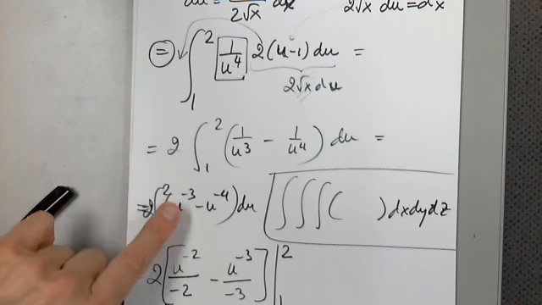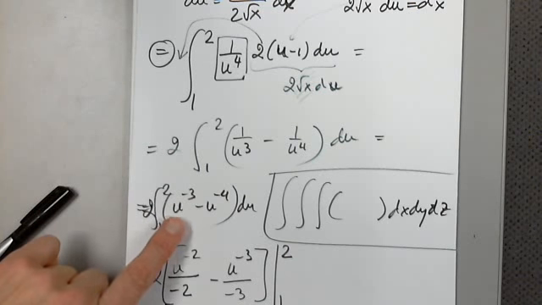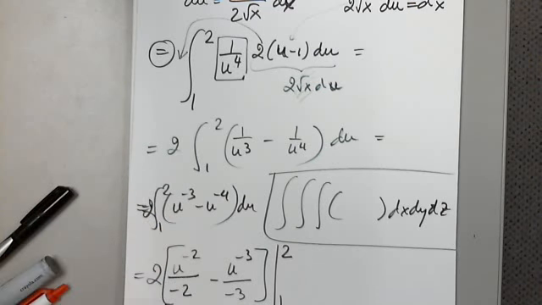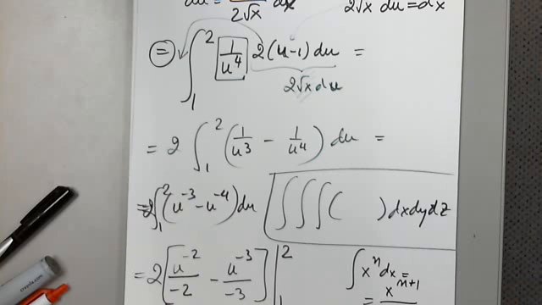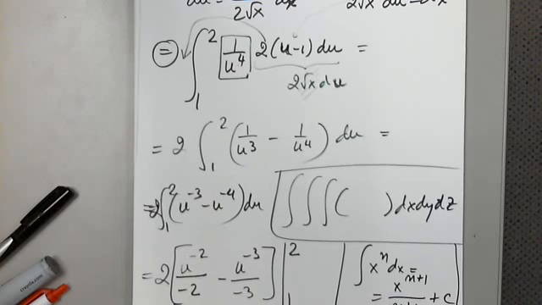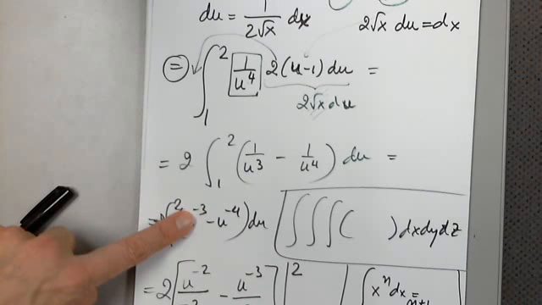So do I have to refresh your memory on the rule? The integral, yes? Okay. So the integral of x to the n dx is x to the n plus 1 over n plus 1 plus a constant c. This is the rule we just used. So it was negative 3, negative 3 plus 1 over negative 3 plus 1.